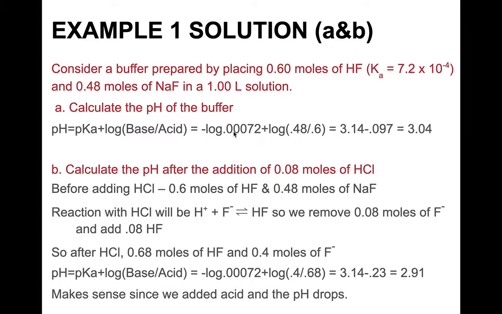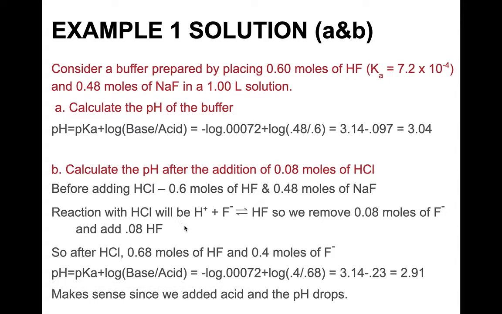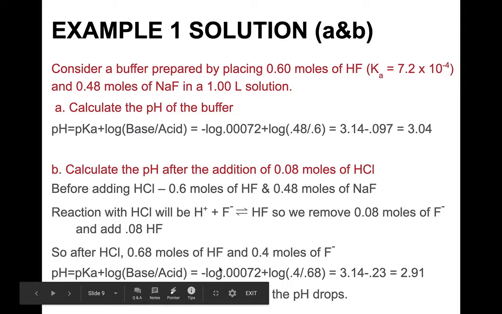Given our dissociation constant and our initial concentrations, we use a balanced equation to figure out the final resulting amounts of each acid and conjugate base, and then use that same Henderson-Hasselbalch equation, plugging in the new values.